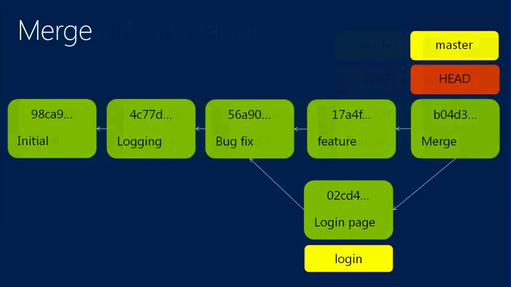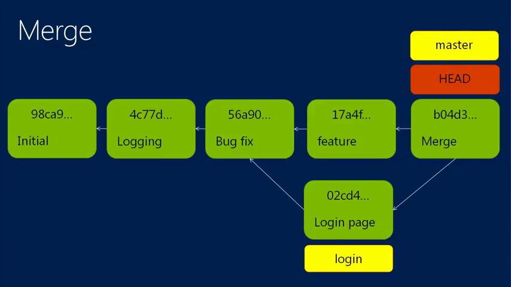Now, there's two ways that we can do this. And the first is by creating a dedicated merge commit with the git merge command. So what that's going to do, it's going to take all the changes that were involved in the login commit, all those file changes, and it's going to take all the changes of the latest version of the master branch, and put them together, and it's going to build a set of changes, which is just another commit, and it's going to add it to the history of the master branch.